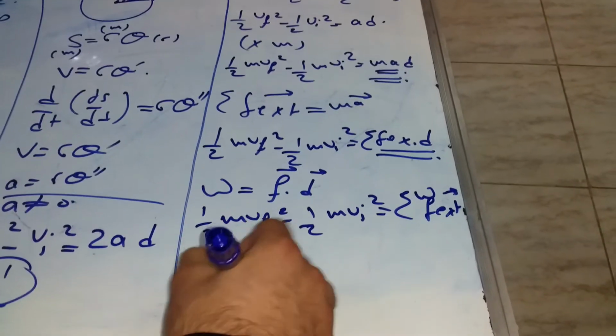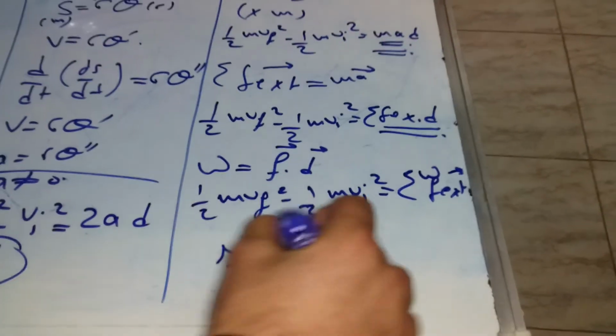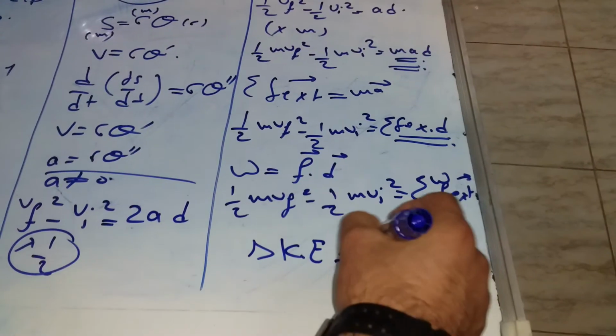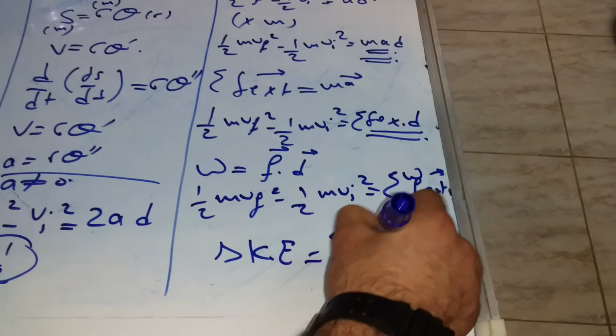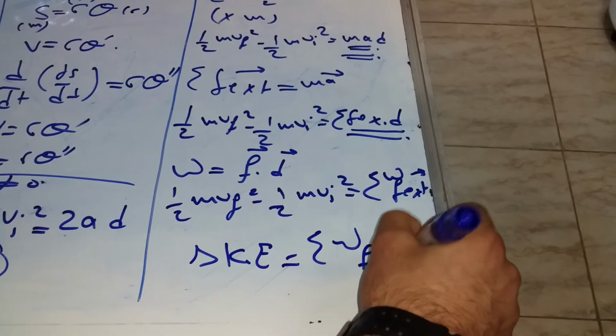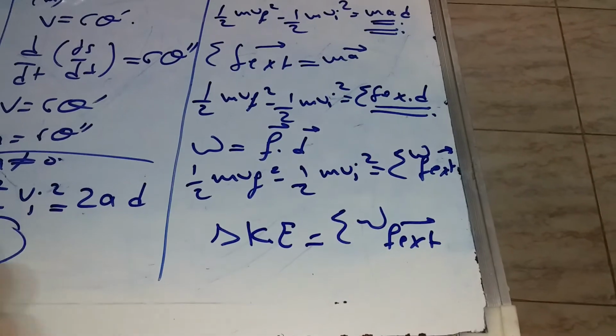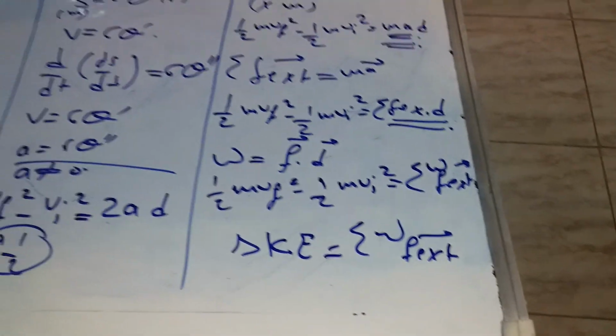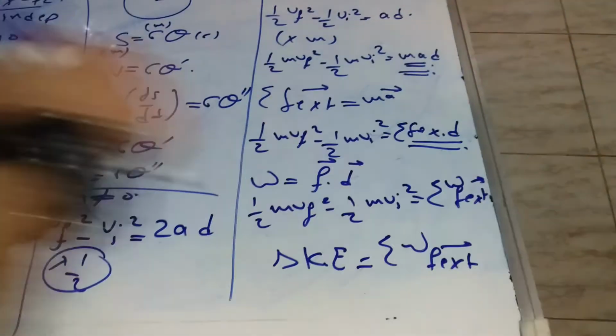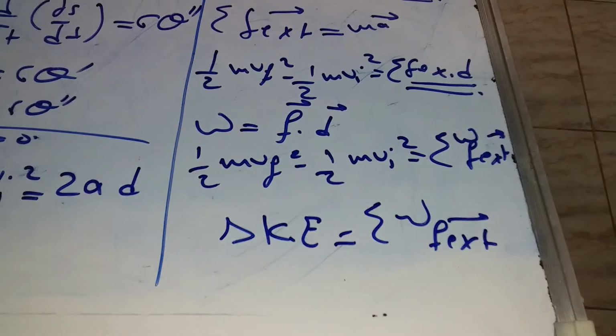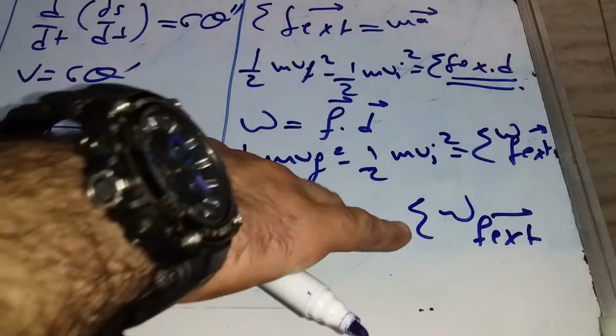And this is the delta kinetic energy theorem, which is equal to sigma work done by F external, which means the summation of the forces and their work acting on the object of mass m. So therefore, these are some prerequisites.